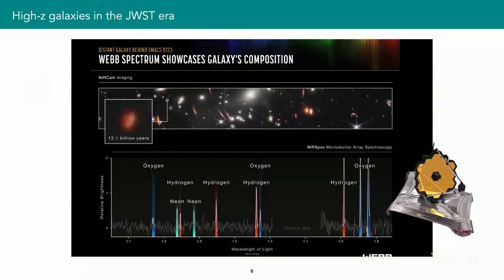This is one of the spectra, the first spectrum taken with JWST. And as you see here, we have all these emission lines, oxygen, hydrogen, and we can derive abundances. But the more surprising thing that shows the power of JWST is this line here. This is a galaxy at redshift 8.4, a few hundred million years after the Big Bang.